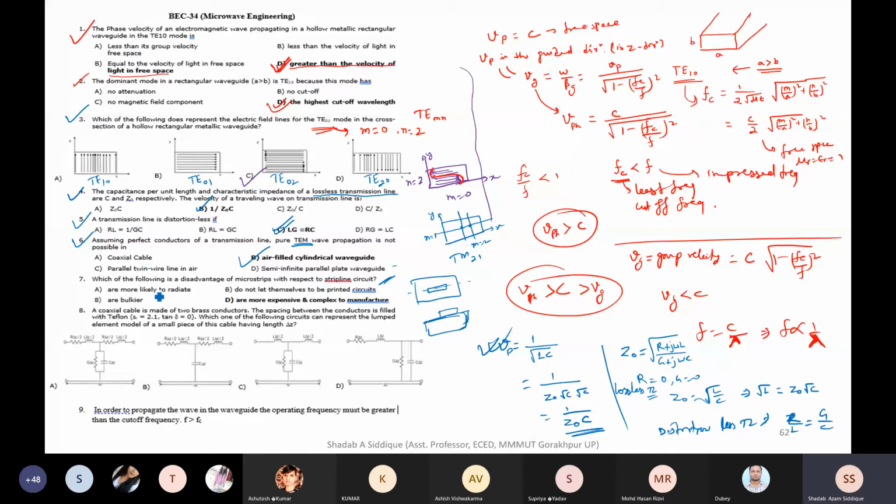So which disadvantage does the microstrip line have? Are more likely to radiate? No, it is not there. Are bulkier? No. Do not lend themselves to printed circuits? No, that is a printed circuit. Are more expensive and complex to manufacture? Yes, it is. It is more expensive due to its tunability.